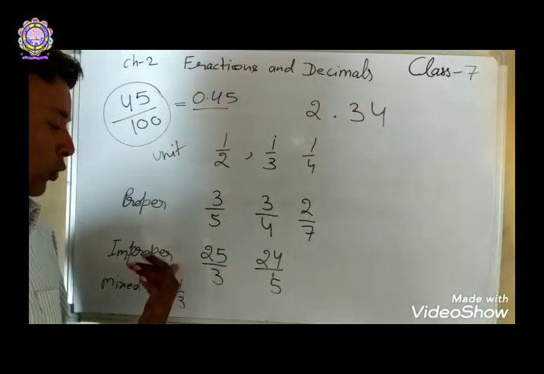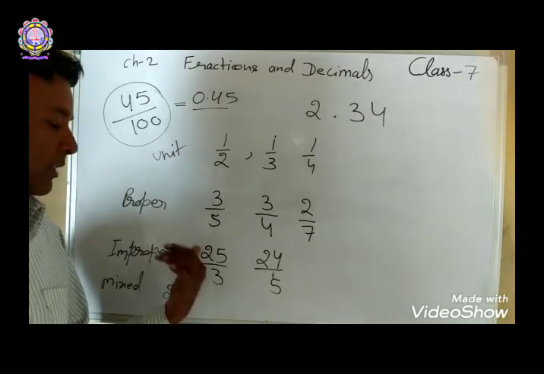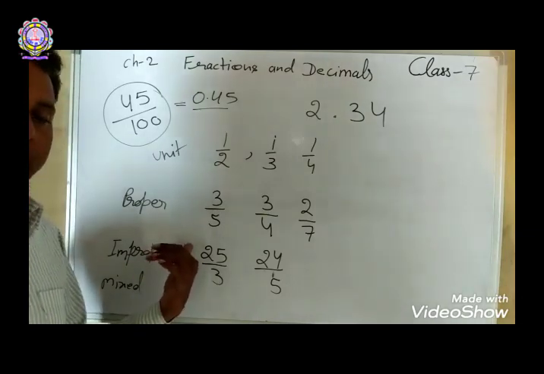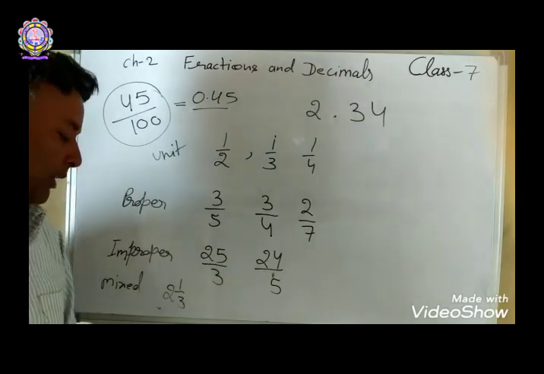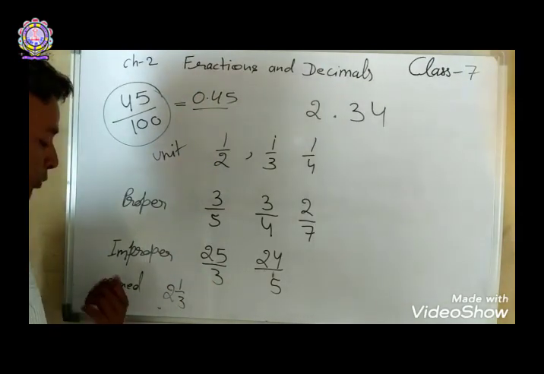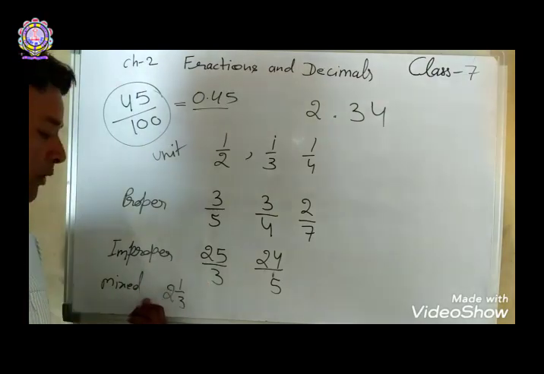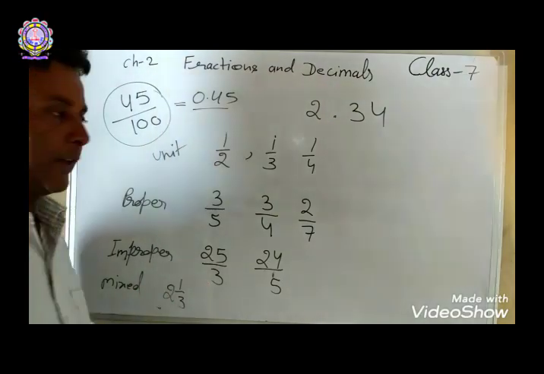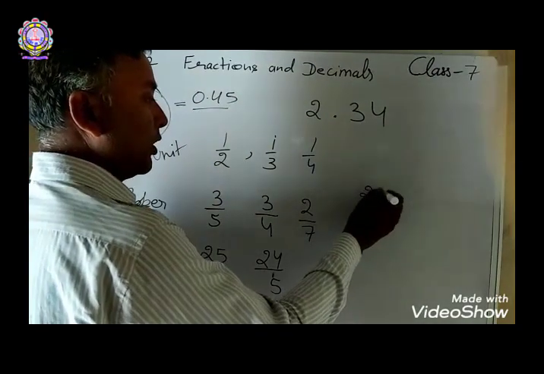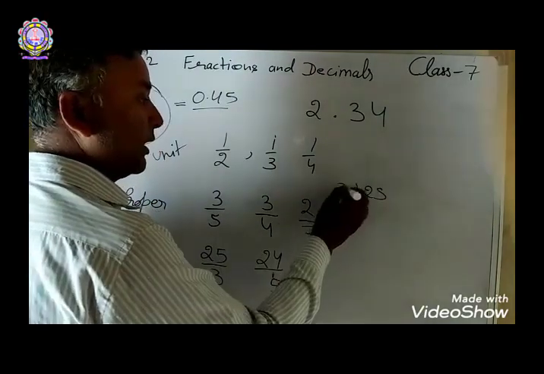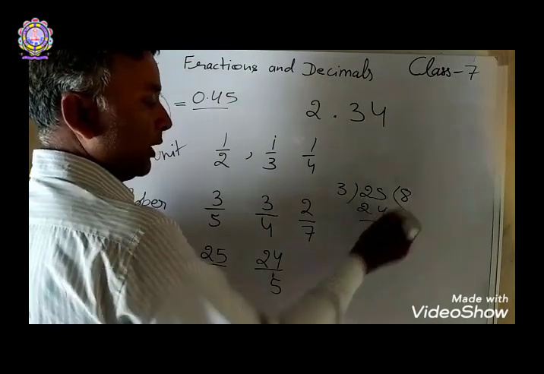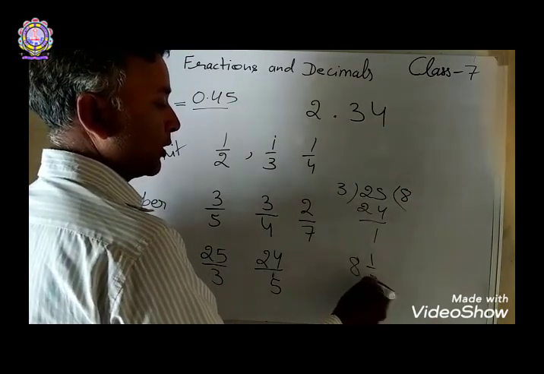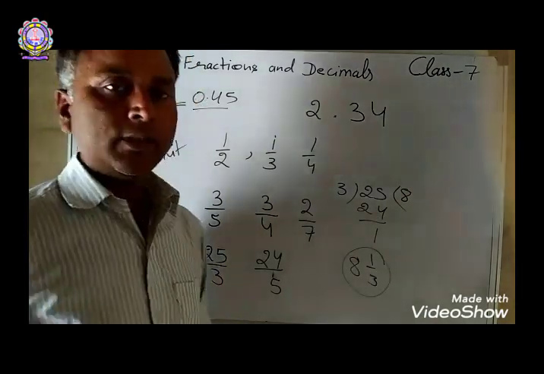An improper fraction is one whose denominator is less than the numerator, or you say the numerator is greater than the denominator, like 25 upon 3, 24 upon 5. And an improper fraction can be converted into a mixed fraction. You already know how to convert that. 25 divided by 3, we get 8 whole and 1 upon 3, that is the mixed fraction.